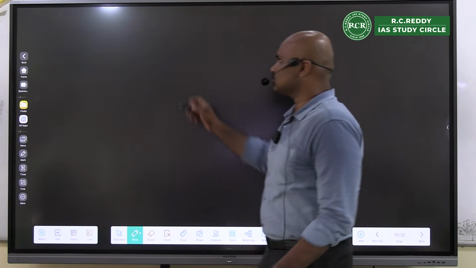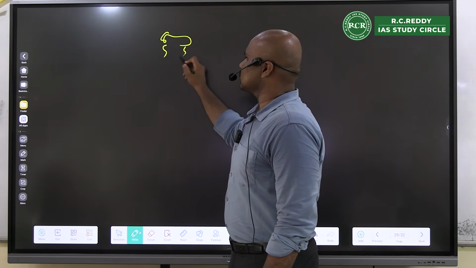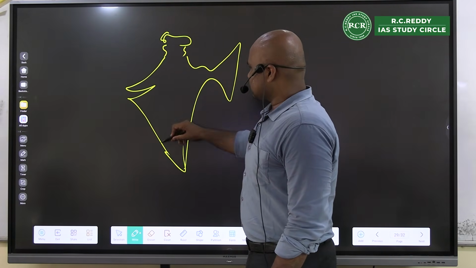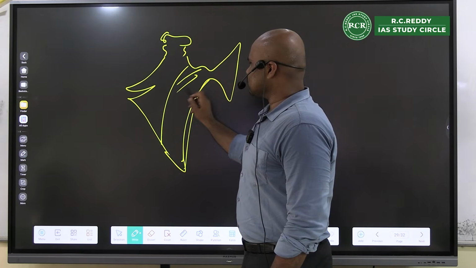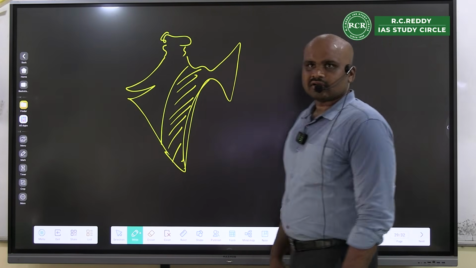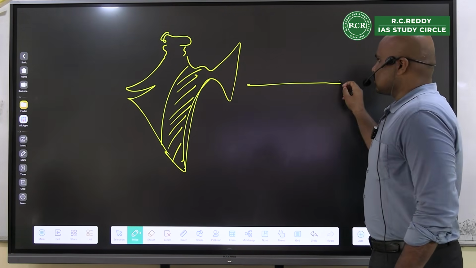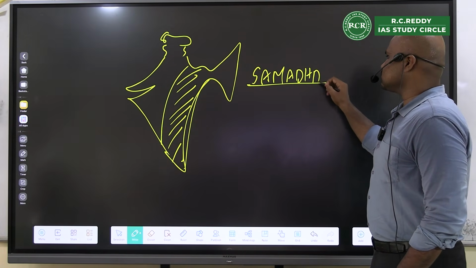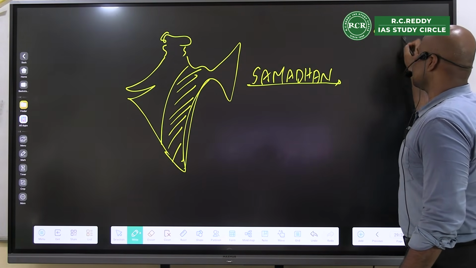Very simple, a map will be there. Once upon a time we were having something called the Red Corridor. After the Samadhan strategy of the government, what has happened?